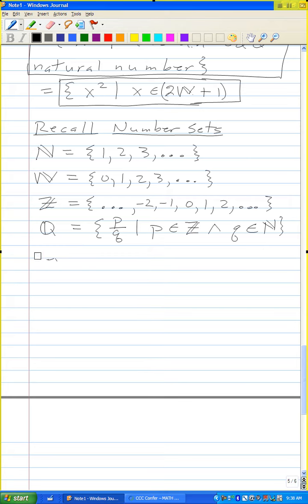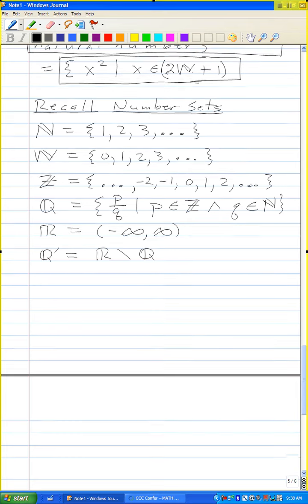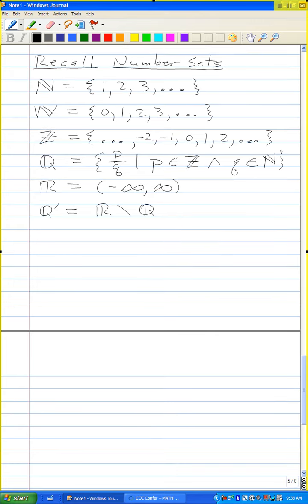R is the set of real numbers, and this denotes the set of irrational numbers. Okay, so those were all the number sets.